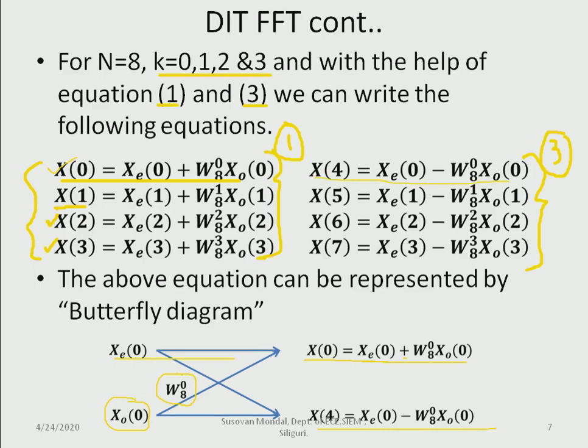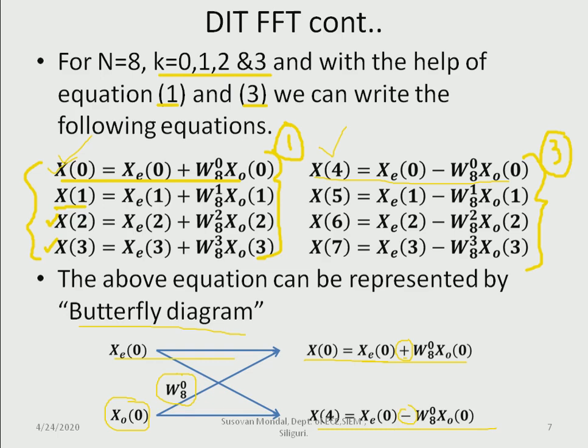By this graphical presentation, which is basically called a butterfly diagram, we can produce x of 0 and x of 4 simultaneously. This is addition, this is subtraction. It is called a DIT FFT butterfly diagram. This is a basic 2-point butterfly equation.